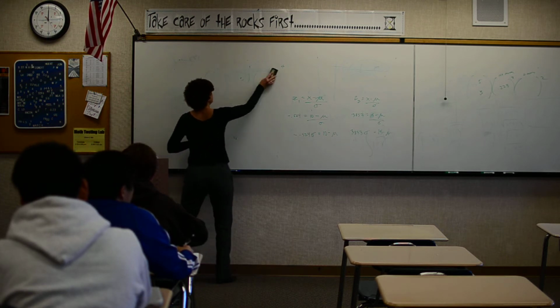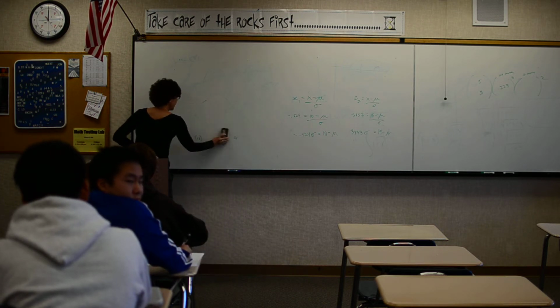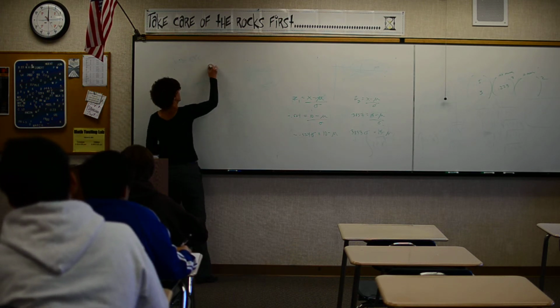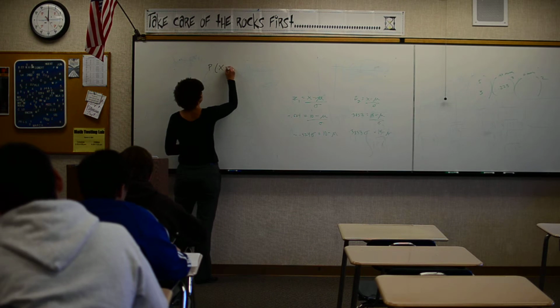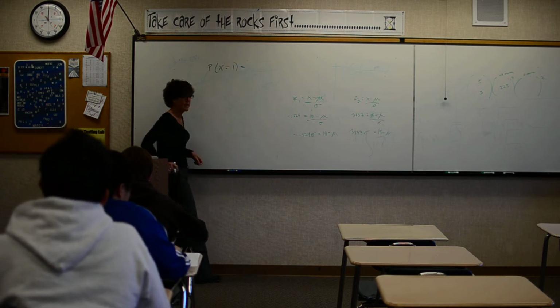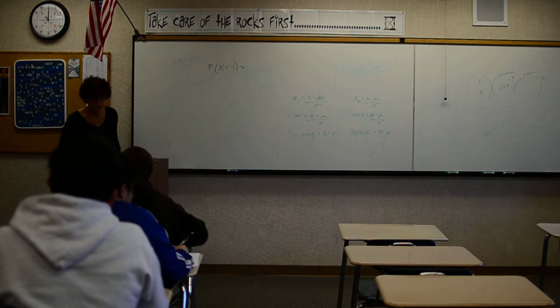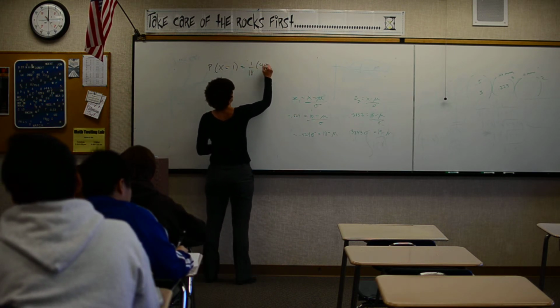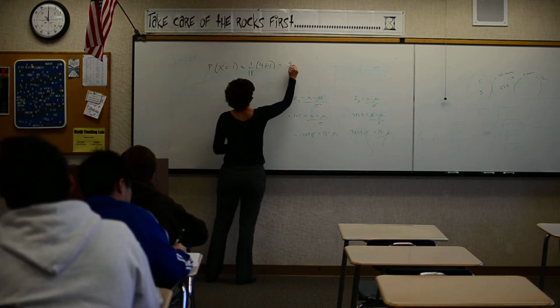So I find the probability that the discrete random variable takes on the value of 1. Here's what I write: probability of capital X is equal to 1. I plug 1 into the formula, and I get 1/18 times 4 plus 1, which is 5/18.